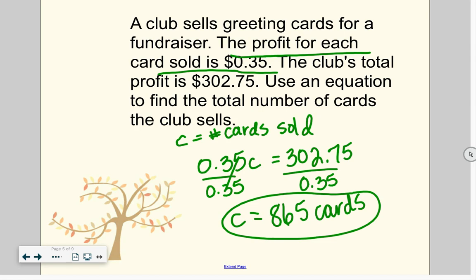On the worksheet, we are going to do just the multiplication questions today. Your work needs to be shown either on the back side or in a homework notebook. We are going to circle the questions that you need to do for homework tonight. Name on your worksheet. Number 1 is multiplication.